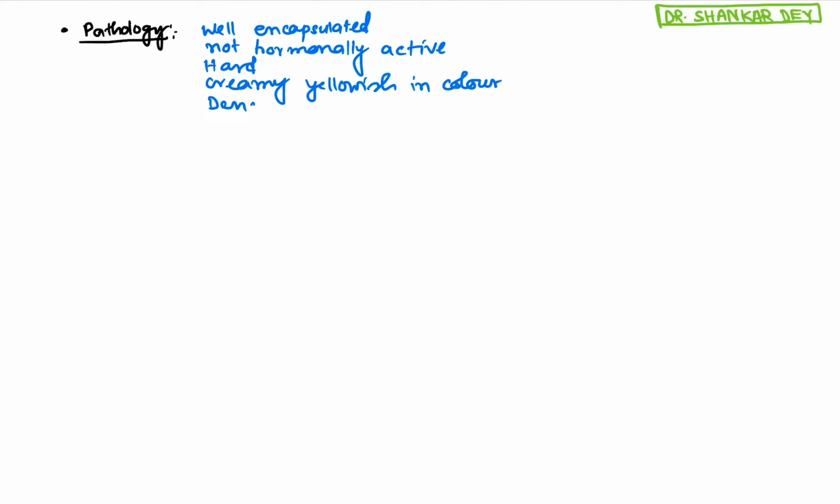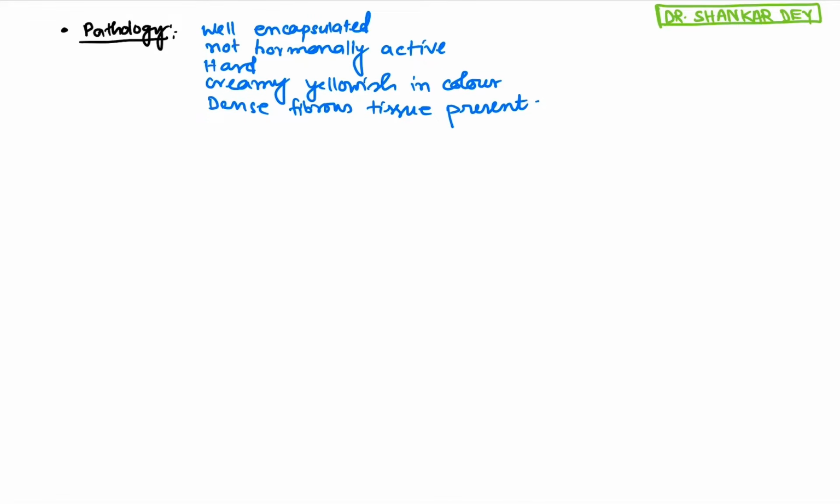Dense fibrous tissue is present in carotid body tumor. So it is a well encapsulated, not hormonally active, hard, creamy yellowish tumor with dense fibrous tissue.